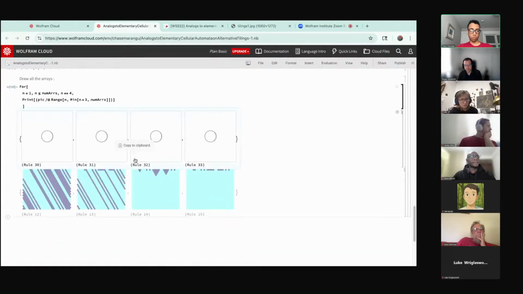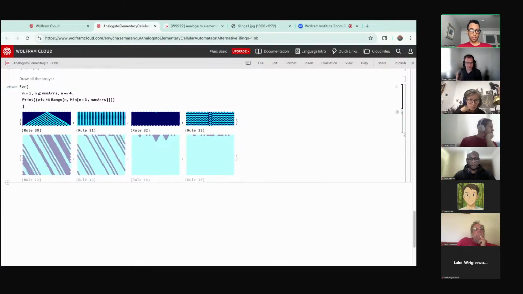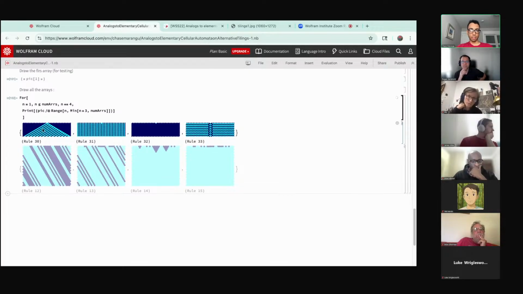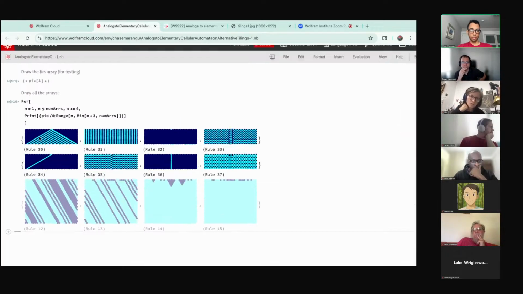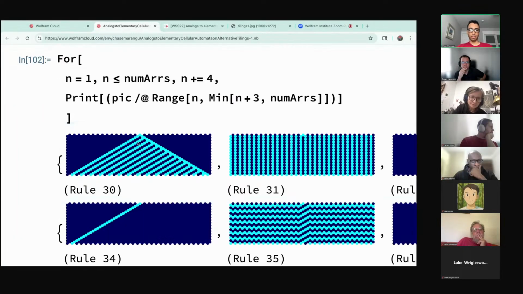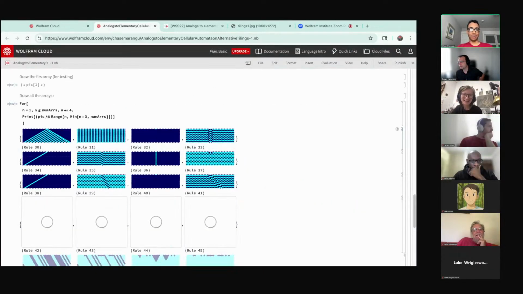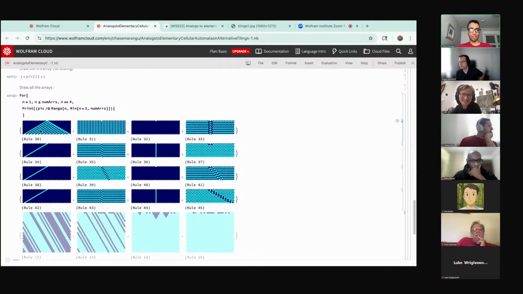All right, here's rule 30 on the hexagon grid. Actually, it's not as interesting on the hexagon grid as it is on the square grid. Oh, I disagree. I think it's more interesting. Yeah, well, it's much less chaotic. It's much more orderly.